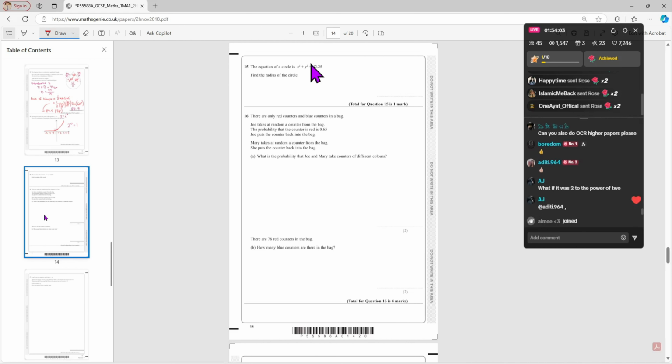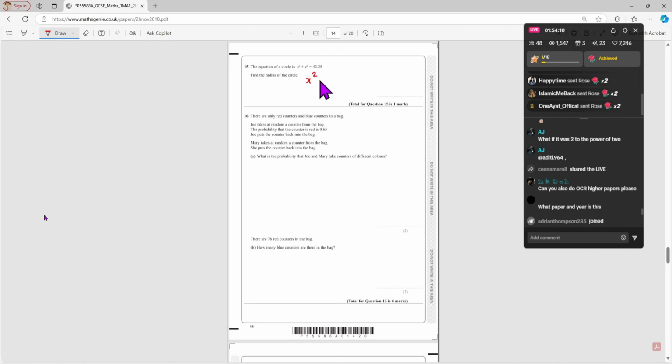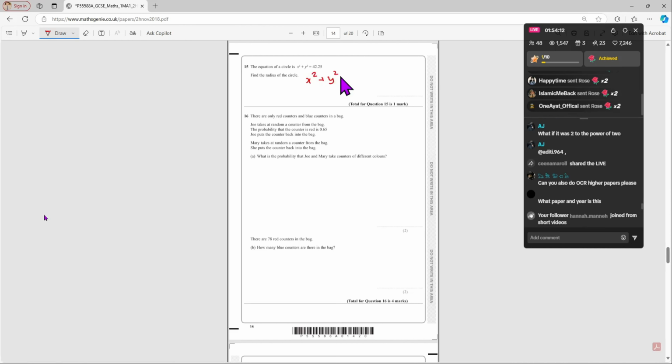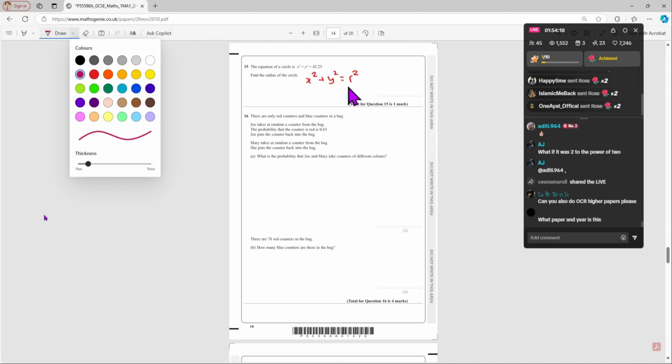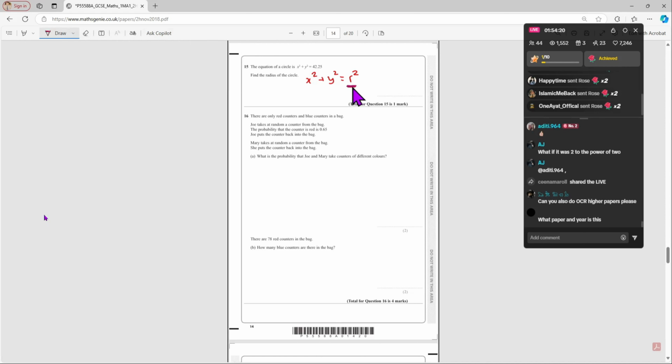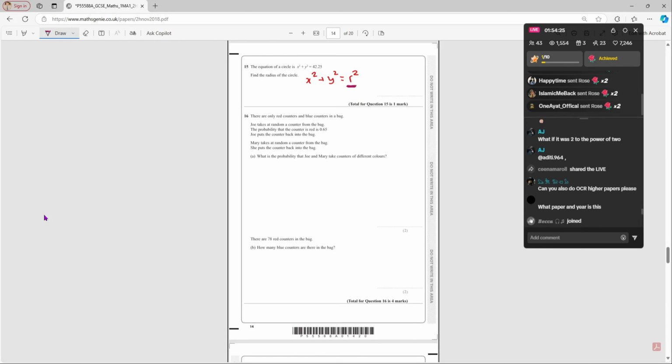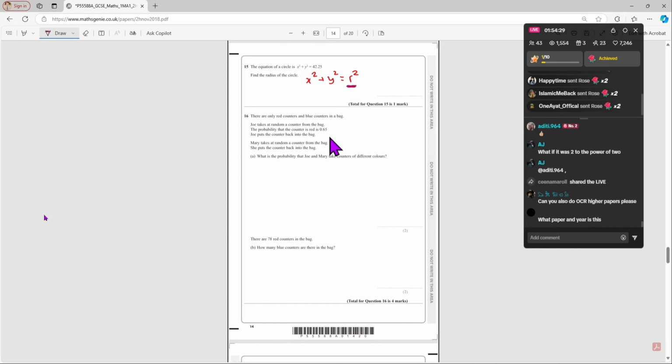So we know that the equation of a circle is x squared plus y squared is equal to r squared, and r is our radius, okay? We have to work out the radius of the circle by substituting into our equation to work out the value of r.